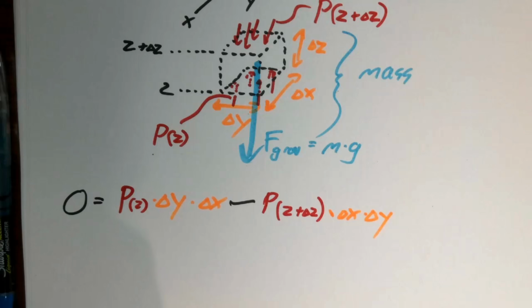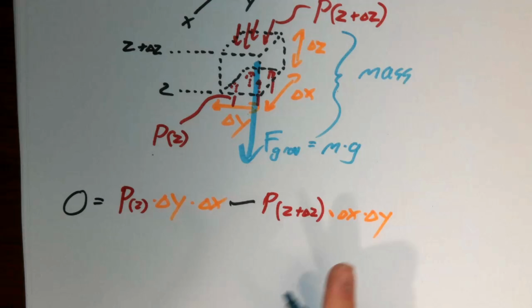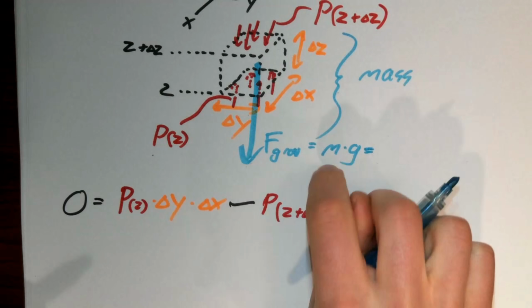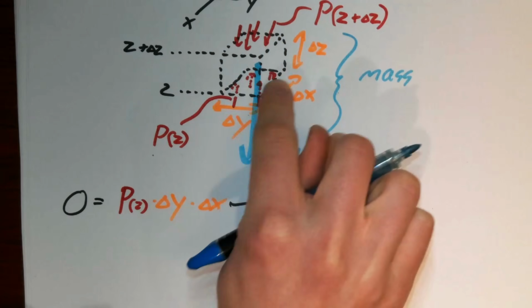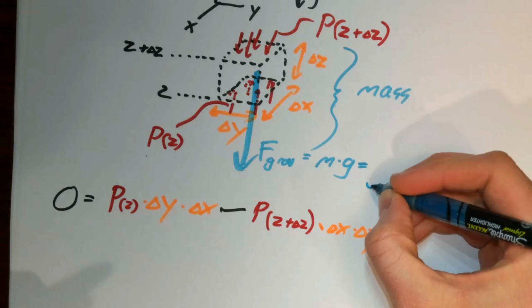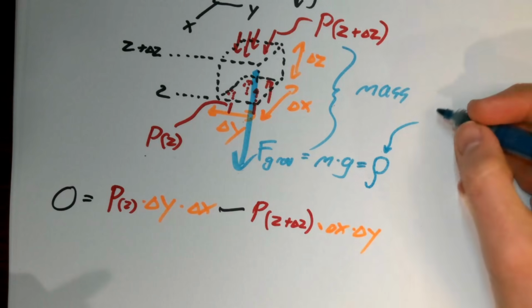Well, if you dust off your high school chemistry notes, you would know that to express mass in terms of density, you multiply the density of the fluid in this chunk times the volume of the chunk to get its mass. So mass of fluid I can express in terms of density.